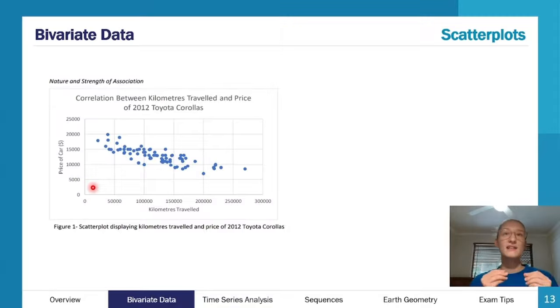Because again, coming back to my analogy with a table, can you imagine if I had to have a column or a row in my table for 20,000 kilometers, for 35,000 kilometers, for 49,000 kilometers, for 161 and 743,000 kilometers. It just doesn't make any sense. It's not practical to represent this in a table.